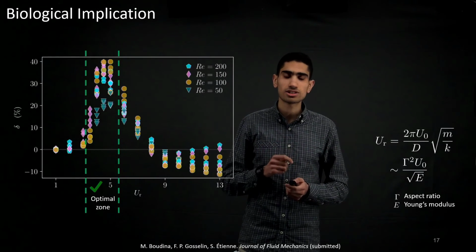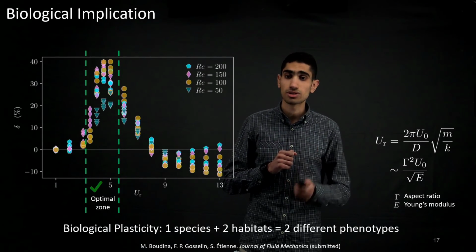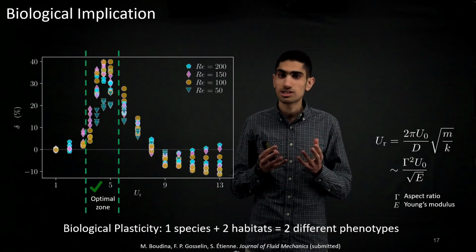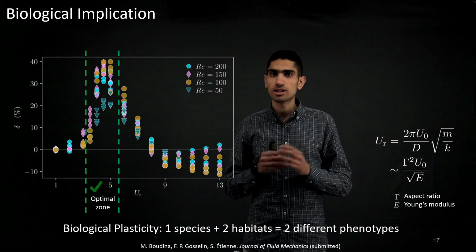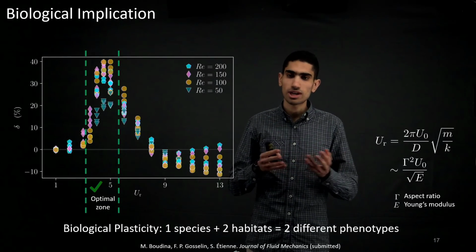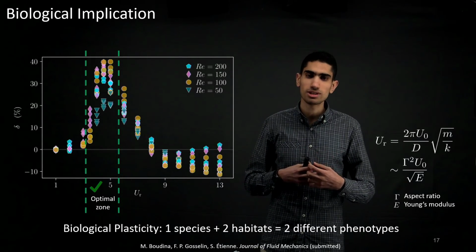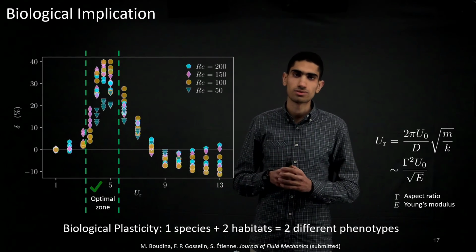And this formula is actually shedding light on an important phenomenon in biology called plasticity, which means that if you have a single species and you put it in two regions in the ocean, well, you're going to end up with two different shapes and morphologies. So for example, if you have a coral and you put it in a region with turbulence, a very high flow speed, you might end up with very high URs, and that's not very beneficial for capture.